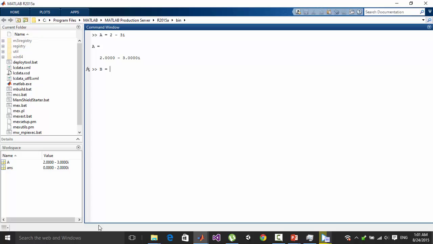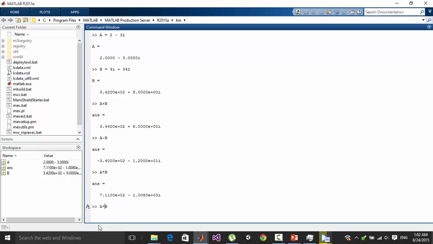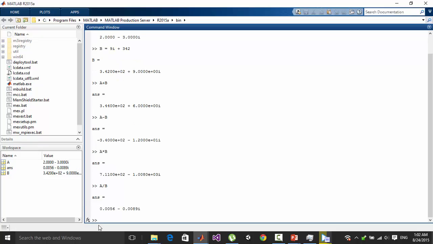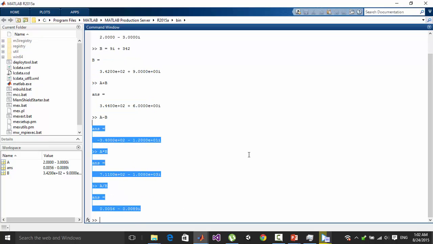You may type the imaginary part first and then the real part, it is not different at all. So a plus b, a minus b, a multiplied by b, a divided by b. So the whole arithmetic operations are here. MATLAB can handle all this for you.